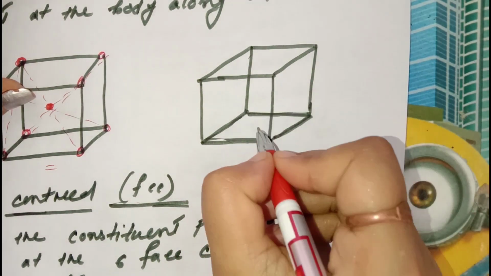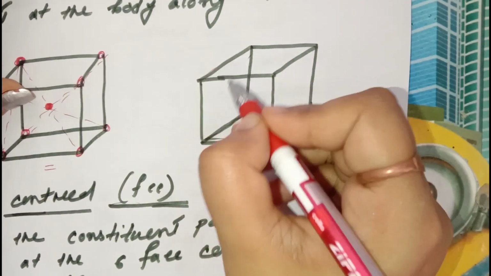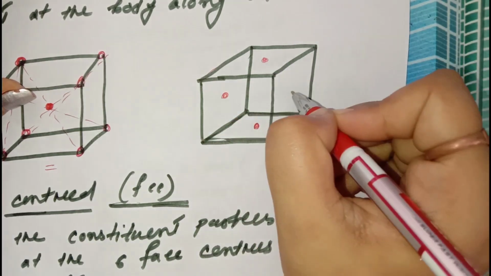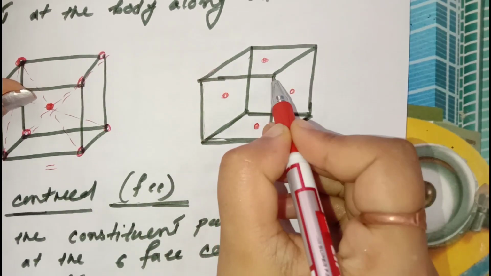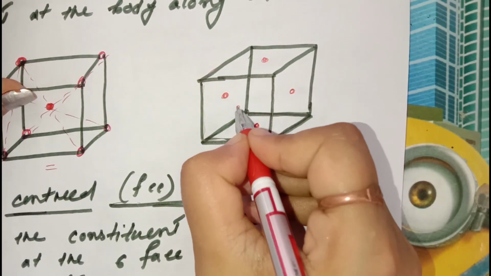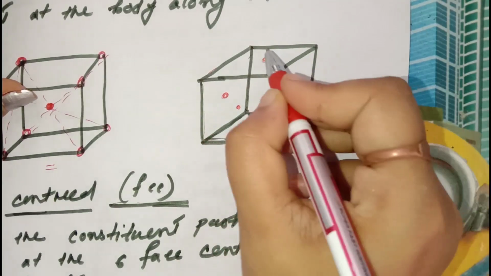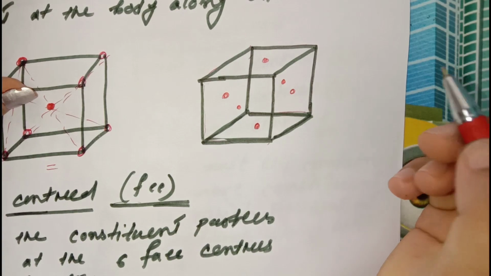So this is the center of one face. This is the center of another face, third face, fourth face, front side of the face, that is the center point, and back side of the face, that is another center point.